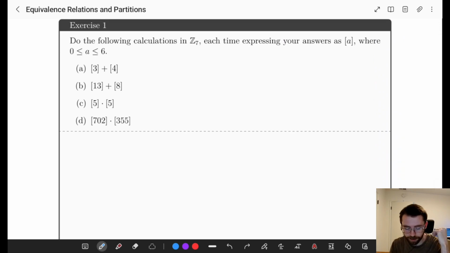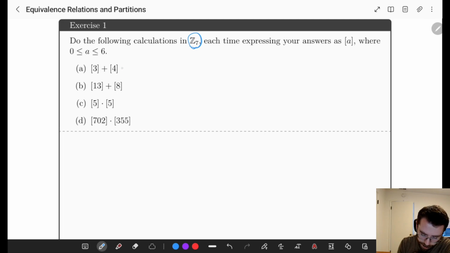So let's do some calculations with it just to make sure we're comfortable. Let's say we're in Z7, so we have the integers mod 7, so we get remainders of 0, 1, 2, 3, 4, 5, 6. So there's 7 equivalence classes there, depending on what your remainder is mod 7.